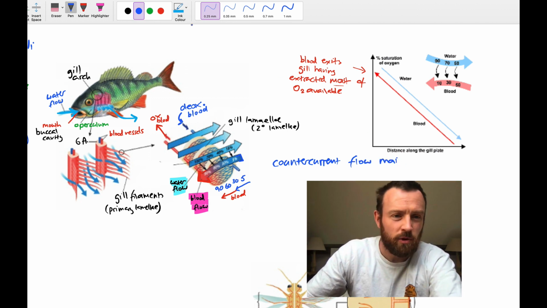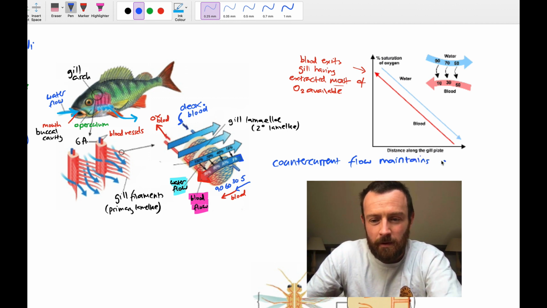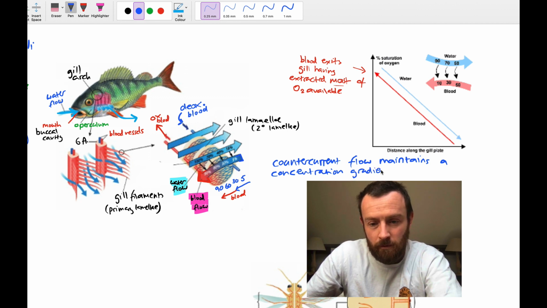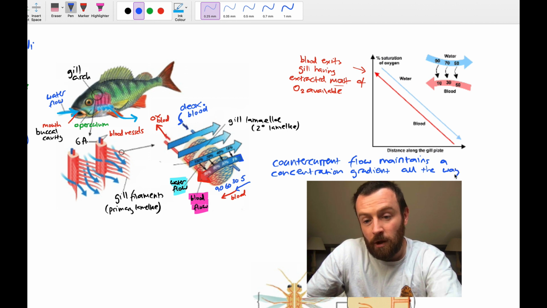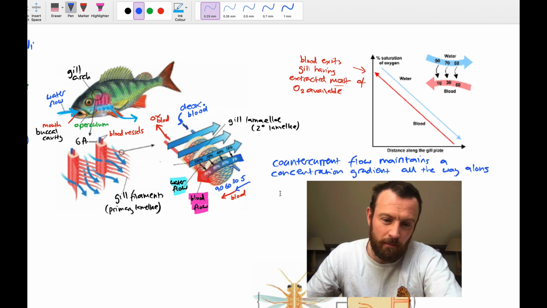So that beeping is my washing machine, it's finished. Countercurrent flow maintains a concentration gradient all the way along the gill plate or the gill lamellae.